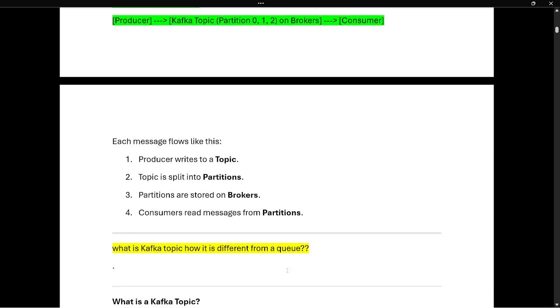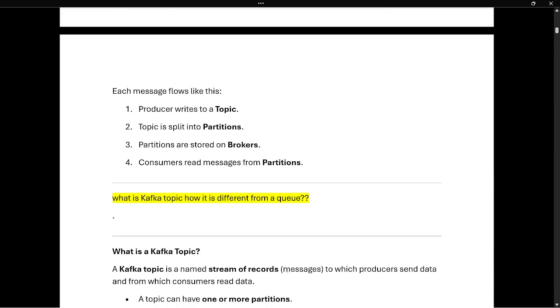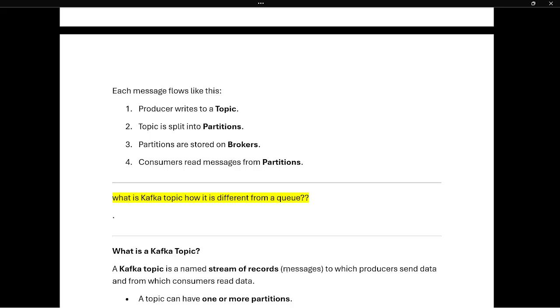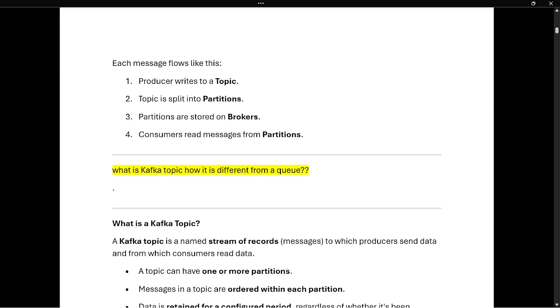Coming to the next question: what is a Kafka topic, and how is it different from a queue? What is a Kafka topic and how is it different from the old queue system? Most of the time they ask this question to understand the differences.